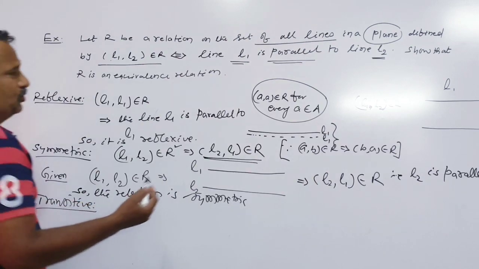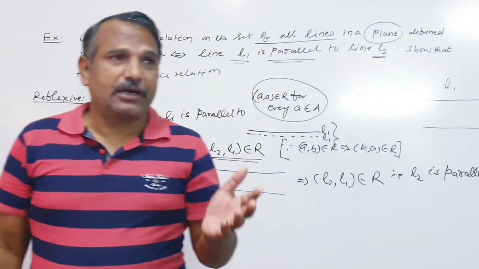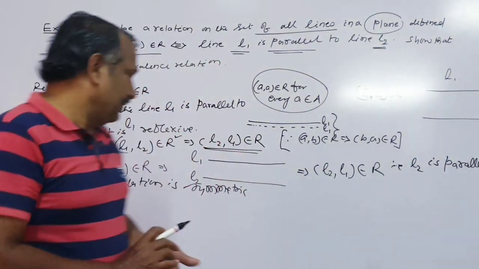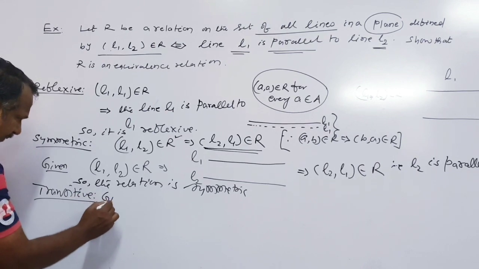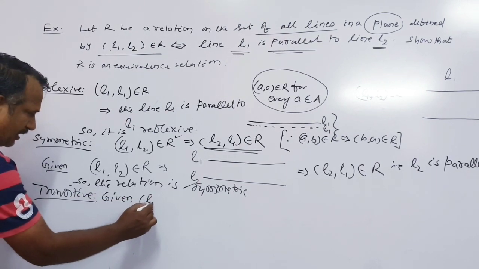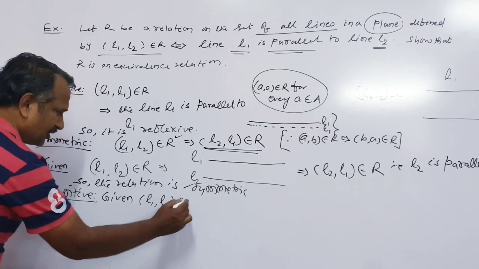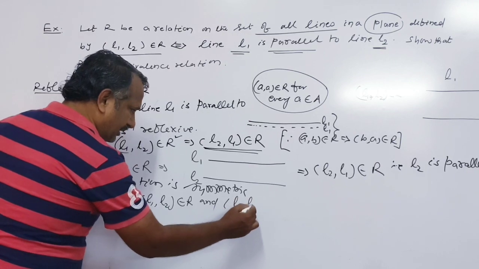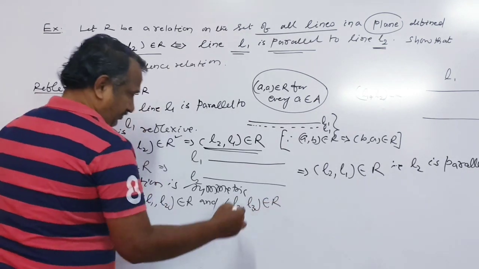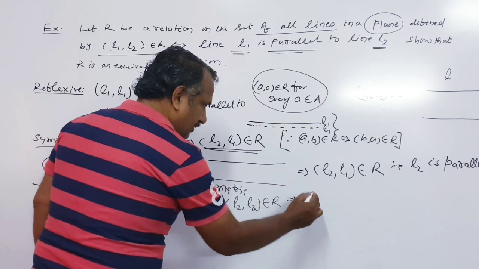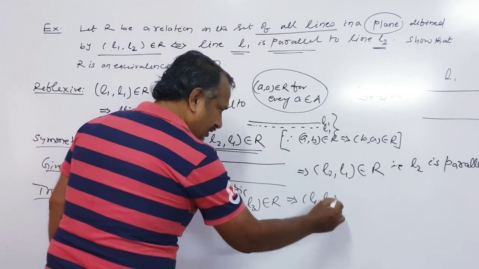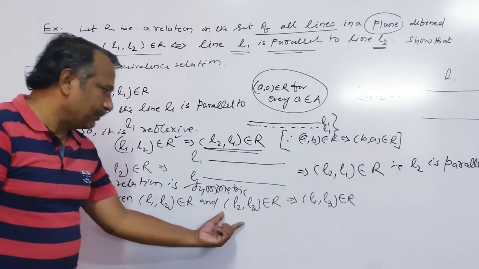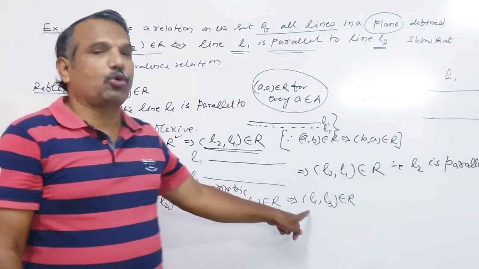Transitive means we know that (A, B) belongs to R and (B, C) belongs to R, then we say that (A, C) also belongs to R. Now here, given (L1, L2) belongs to R, and let us say another, (L2, L3) belongs to R. Then we have to show that (L1, L3) belongs to R. Now these two are given. By using these two, we have to sort out this one.